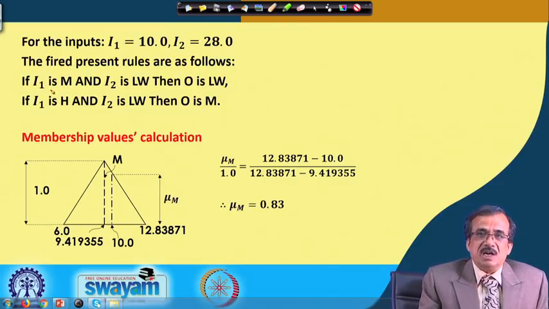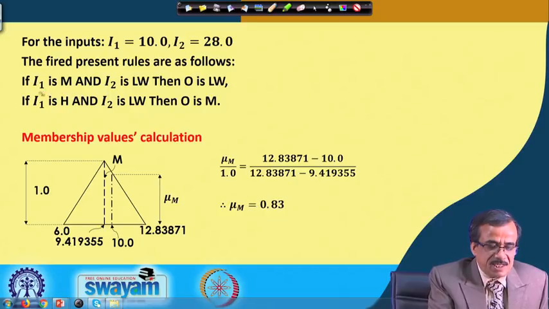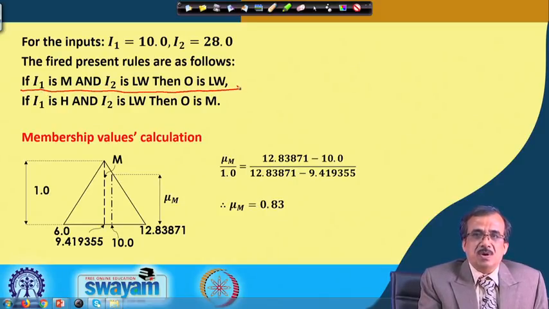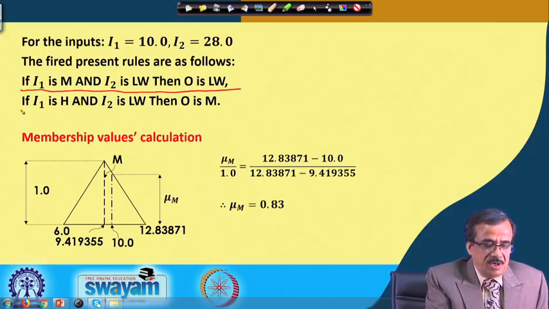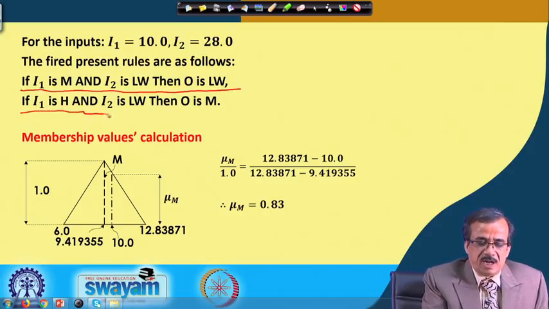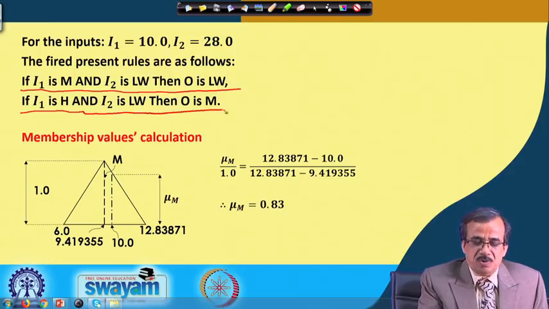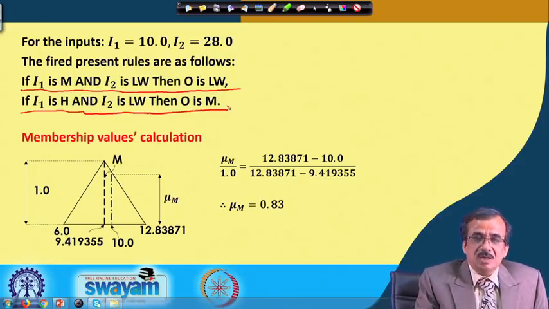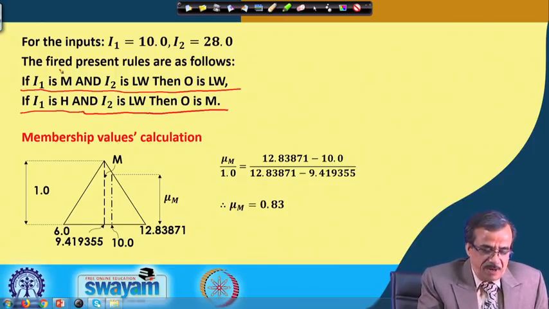The fired rules are as follows: if I 1 is medium and I 2 is low, then output is low. The second fired rule: if I 1 is high and I 2 is low, then output is medium.